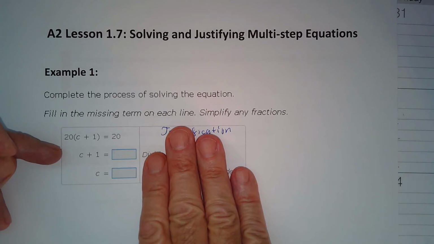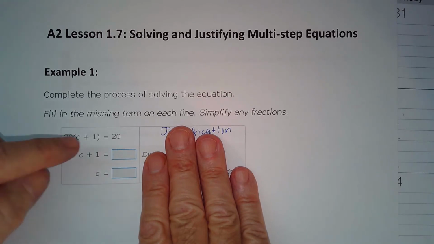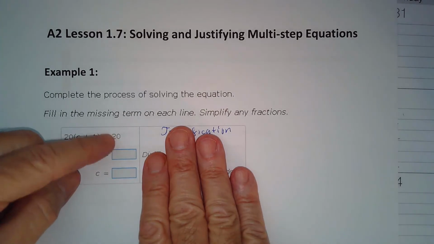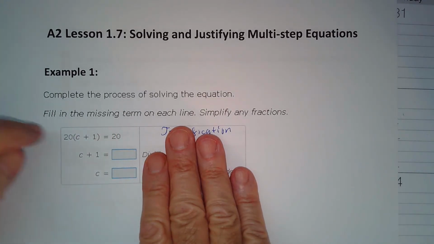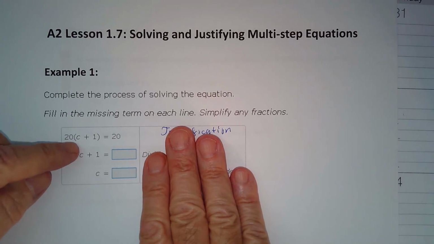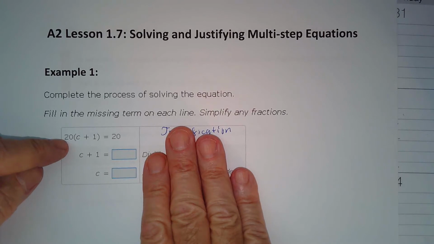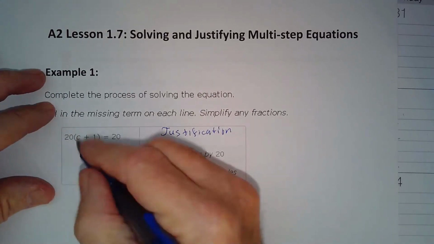If the 20s disappeared on the left-hand side, what's going to happen to the right-hand side? If I was trying to undo this without simplifying, I would divide 20 times c plus 1 by 20.